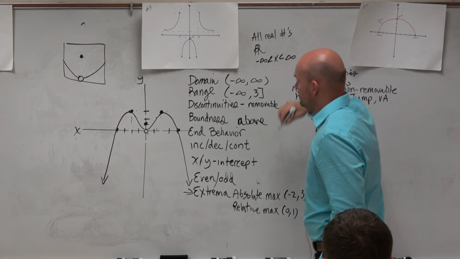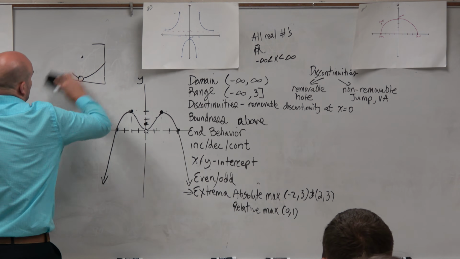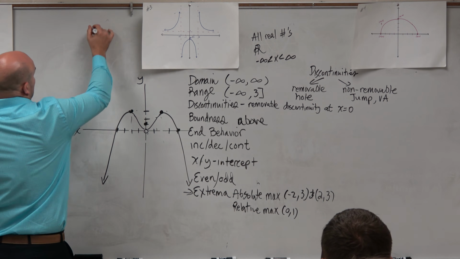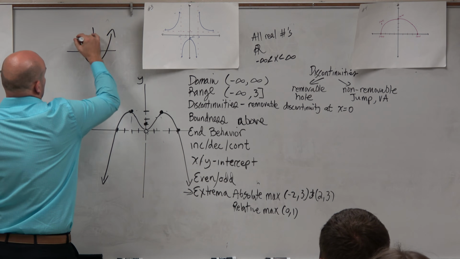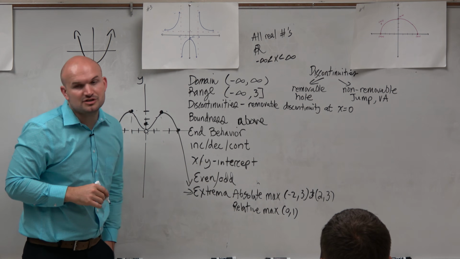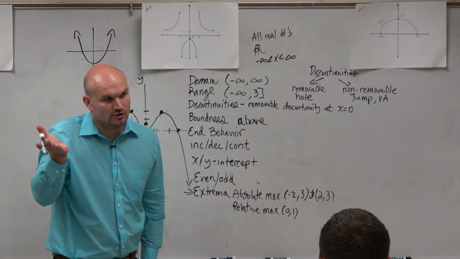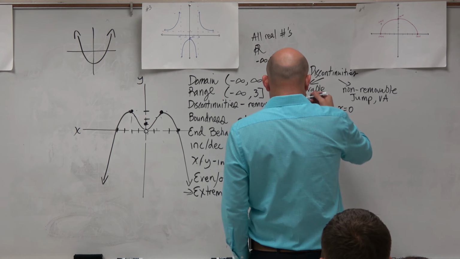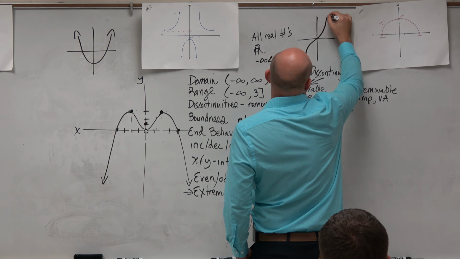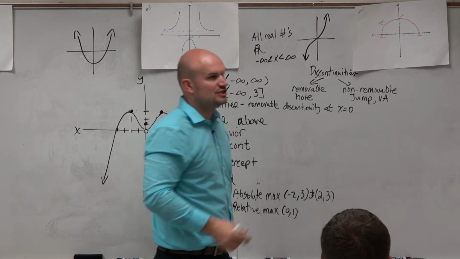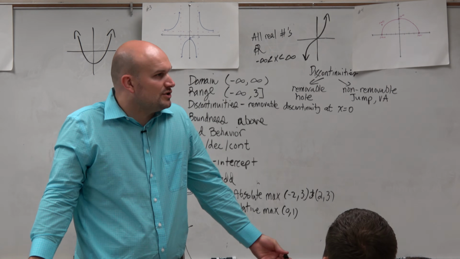And to give you guys a quick and easy way to remember it, that's bounded above. That is an example of a function that's bounded below, because it only goes to a certain value. If you want an example of unbounded, that function is unbounded, because there's no restrictions, right?